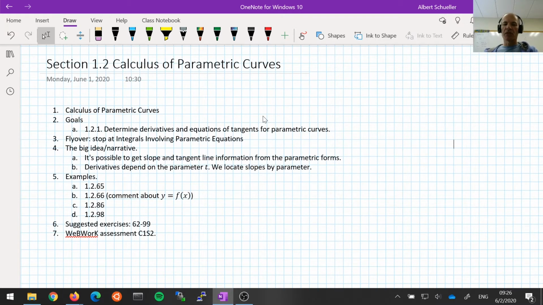The big difference here you'll find is that the derivatives that you generate will depend on the parameter t, not on x. And so you have to understand that the derivative dy/dx as a function of t is telling you where on the curve, as a function of t, this particular slope is occurring.